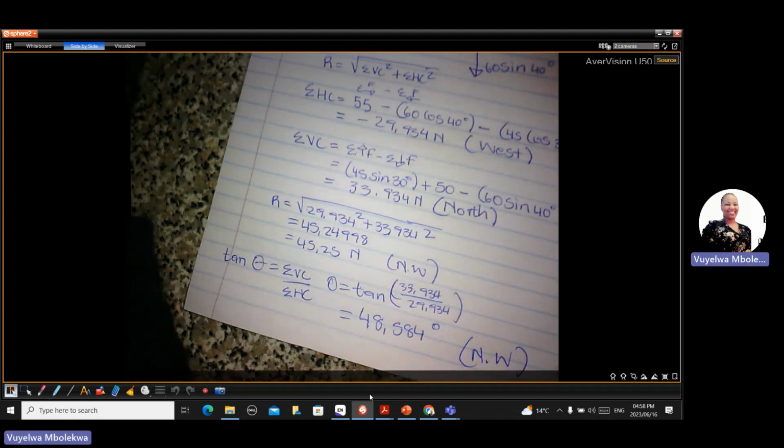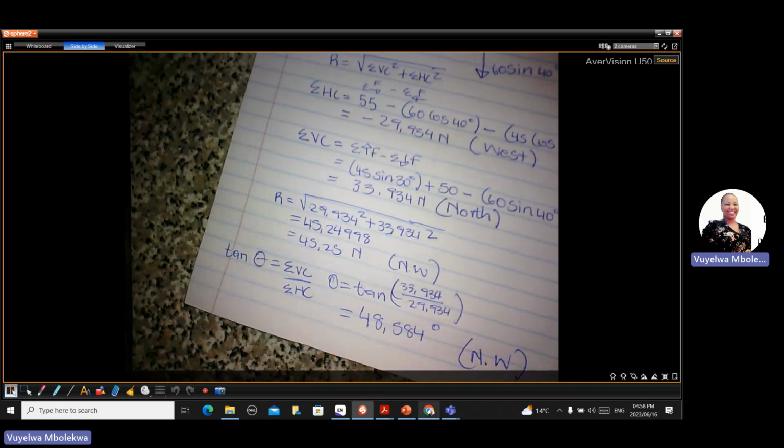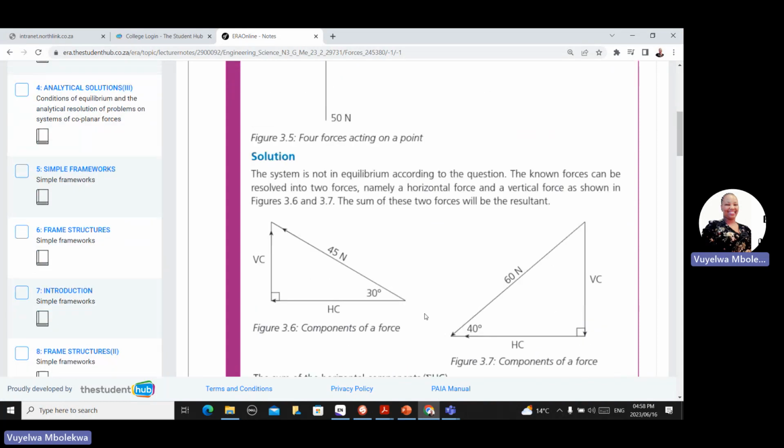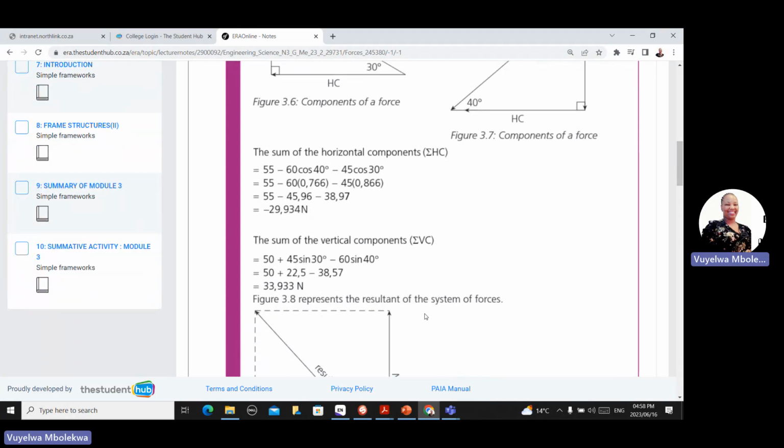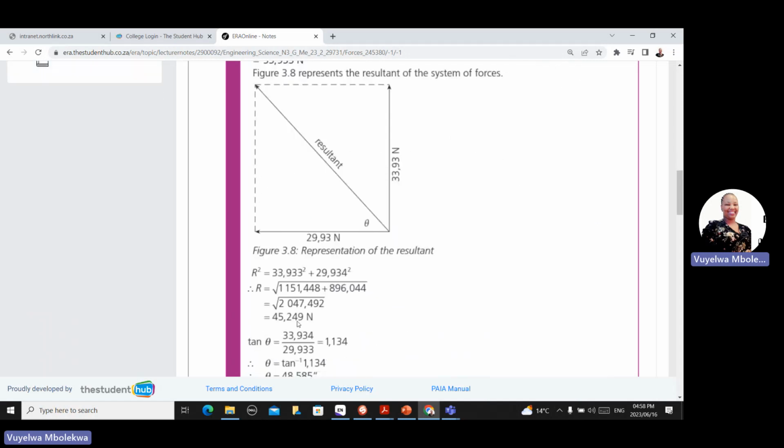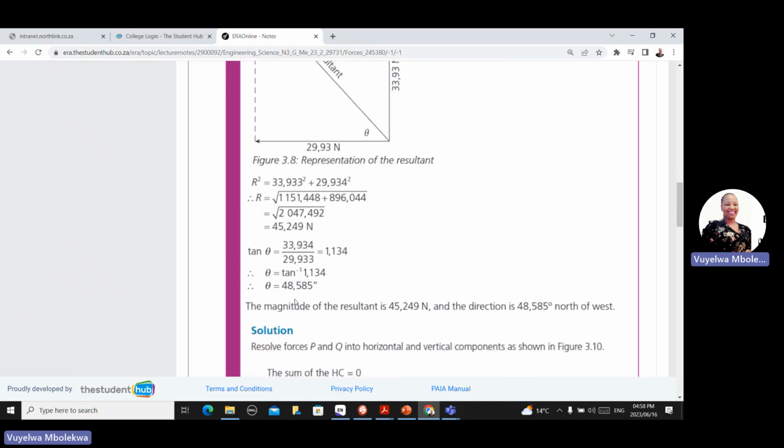North of west. Okay, so this was an example. Here is their answer, 45.250, and the angle is 48.